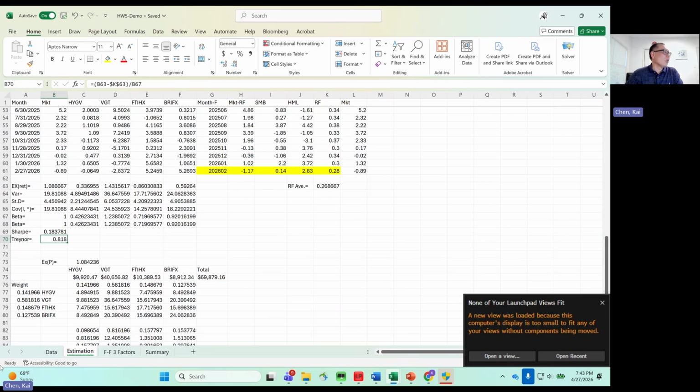Now I'm going to calculate Jensen's alpha. I just use alpha, right?